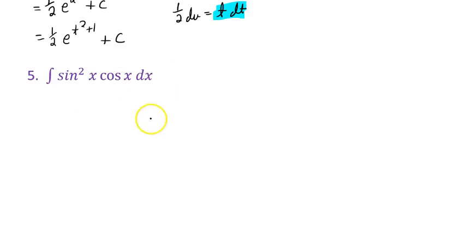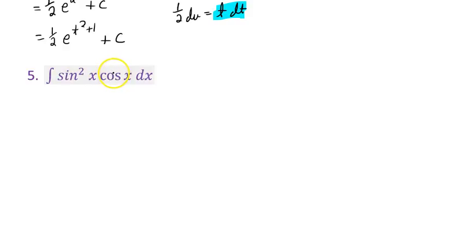Okay, I'm going to do one more with you, and then I'm going to let you try some. Example 5, we have sine squared and cosine, and you might think of maybe using trig identities first, see if that helps, but in this case it actually doesn't. So we go about picking our u, and in this case, the derivative of sine is cosine, and the derivative of cosine is negative sine, so you're making a choice of what to use as your u.